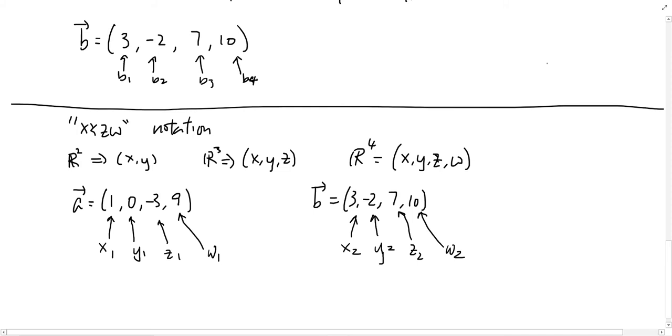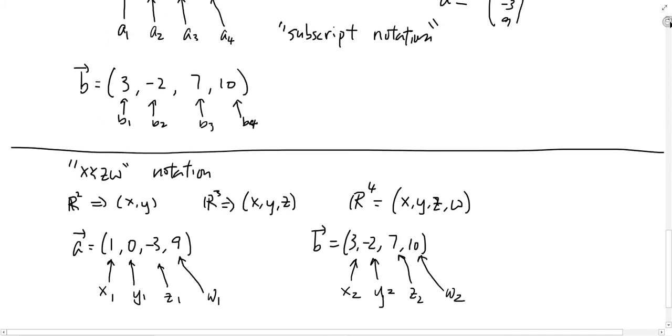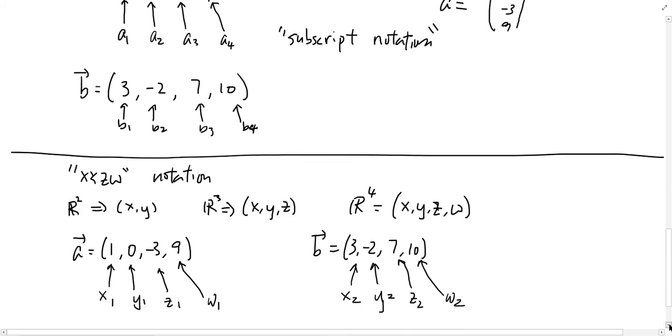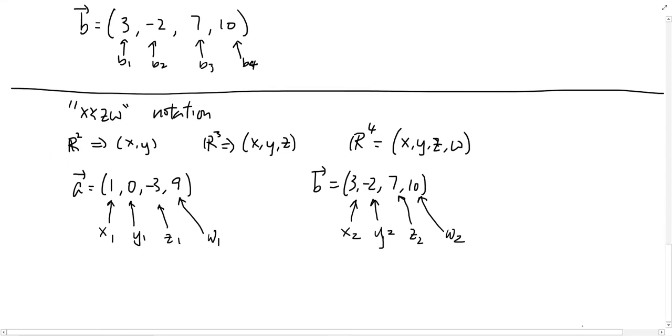However, in the subscript notation, you're actually not allowed to subtract x1, a1, and a2 together because they both represent the same vector but different coordinates. So in the subscript notation, you have to subtract things that have the same subscript, while in the XYZ notation, you have to subtract things that have different subscripts. So it could get very confusing. As I said, you just have to pay attention to how it's being used. It's not difficult, you just have to get used to the notation.